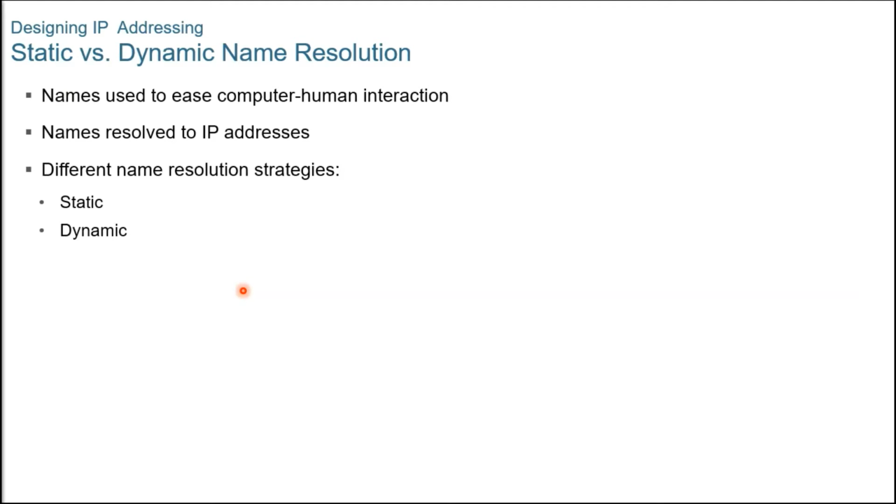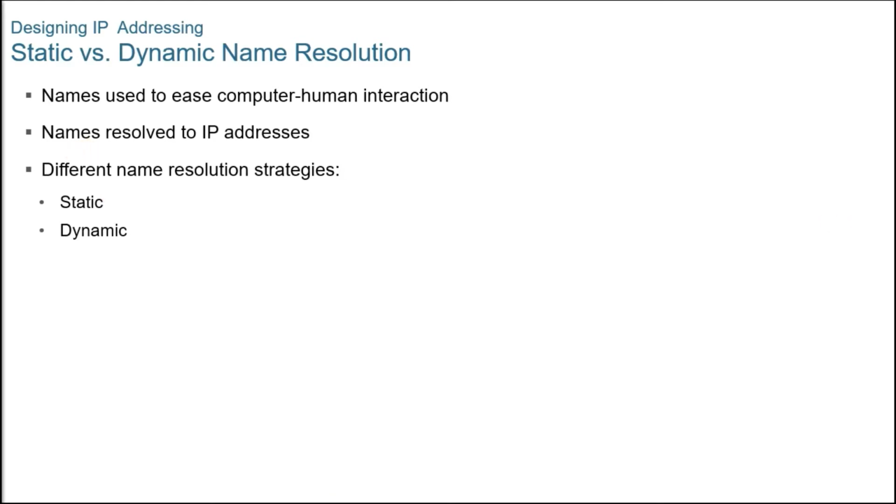This section covers the purpose of name resolution, provides information about different available name resolution strategies, and discusses the domain name system, or DNS, name resolution. Now, let's focus on static versus dynamic. The process of resolving a host name to an IP address can either be static or dynamic. Following are the differences between these two methods.